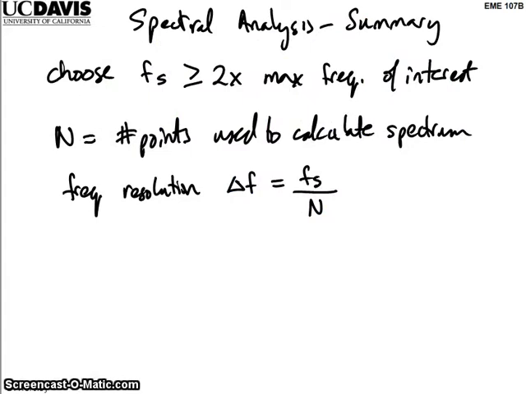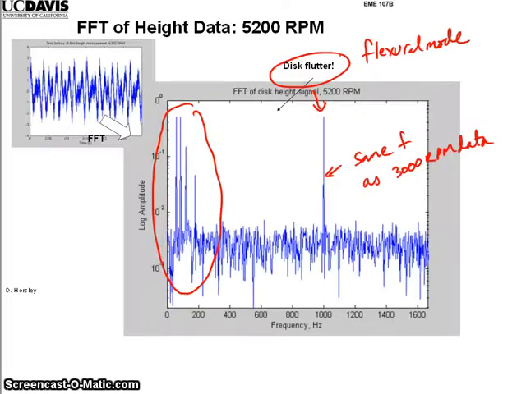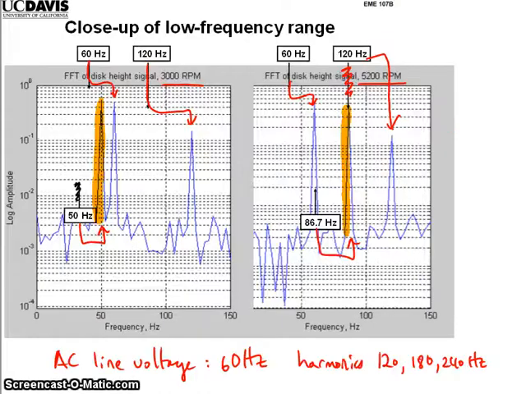You could see this going back to the data that I had about flutter. There are a lot of data points here. I don't recall how many I used. But when we zoom in, you see that the spectrum gets kind of choppy. This is plotted with lines, but there's basically a point here and a point here and a point here. They get more spread out because this is logarithmically spaced, I think, in this calculation, or maybe in this plot.